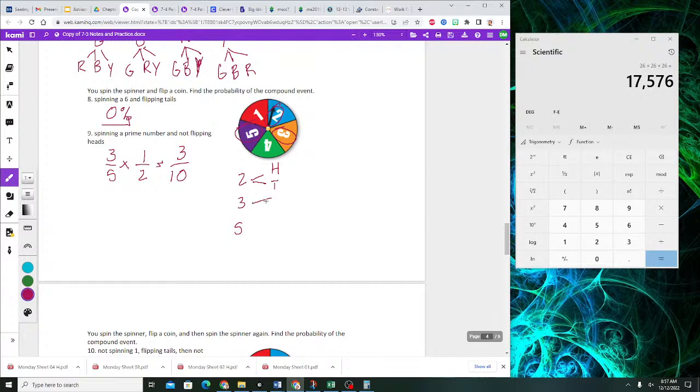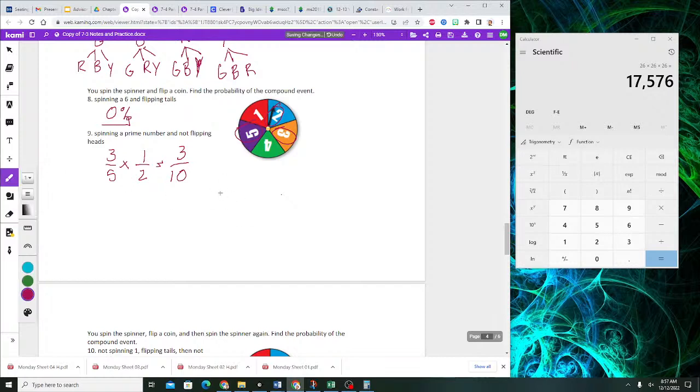heads. Actually, I suppose I need 1. Hold on, sorry. I need to show the whole tree. I forgot about that. I'm so used to skipping ahead with some of this stuff.